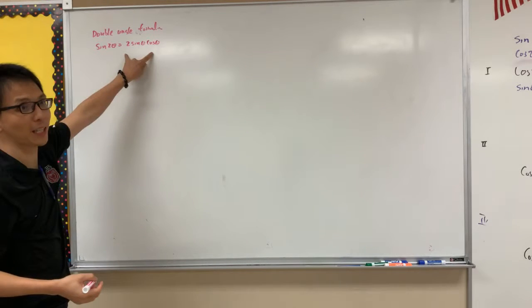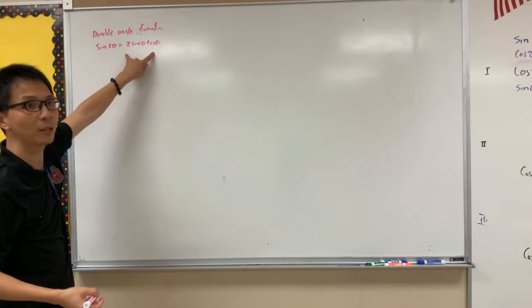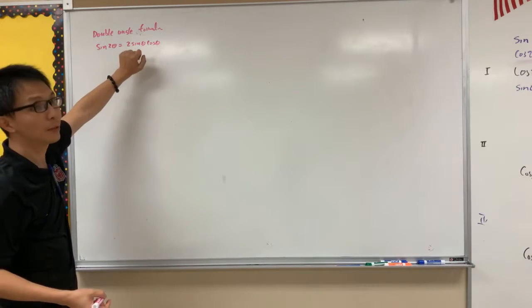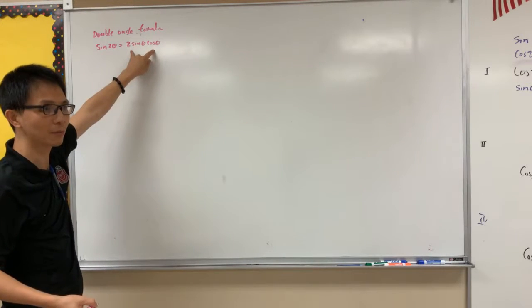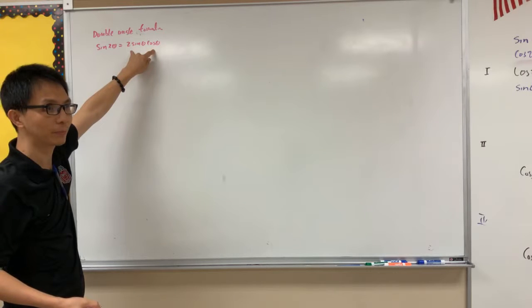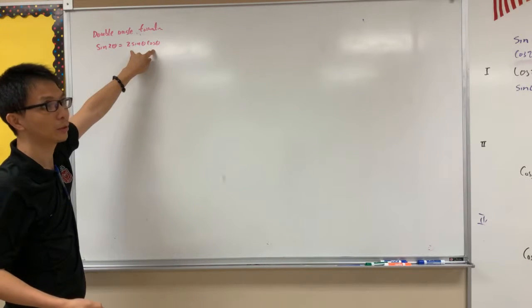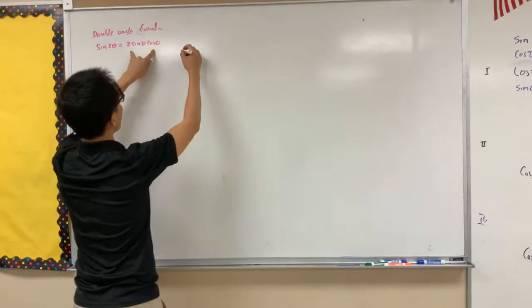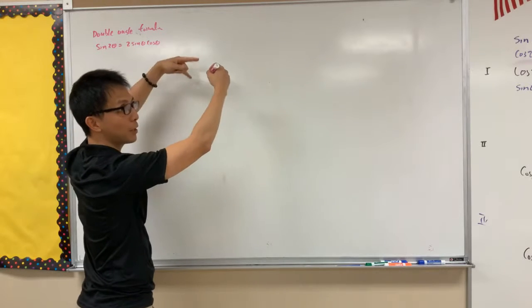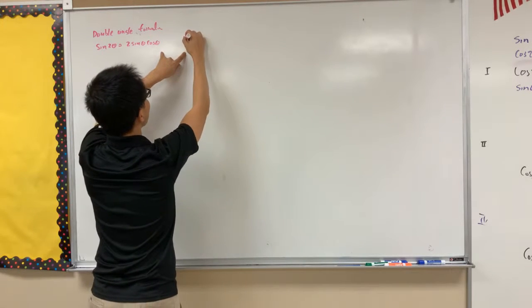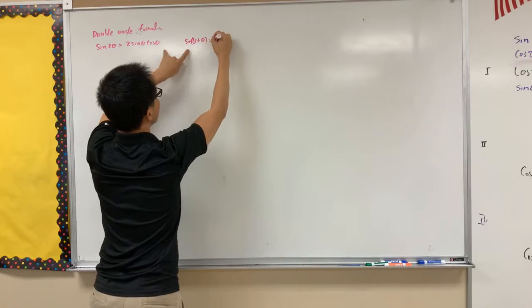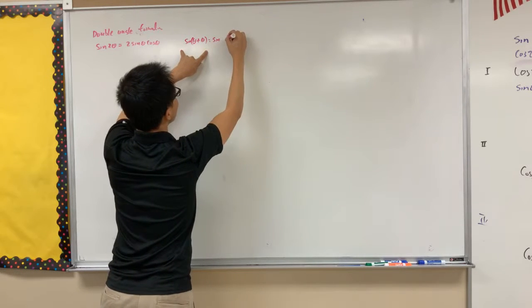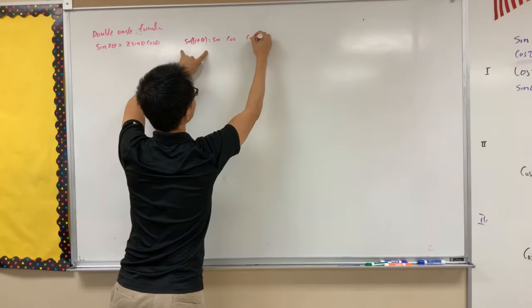So it's not memorization. It's to understand what is going on. So this one is 2 sine theta cosine theta. How do I come up with this? It comes from sum and difference. Think about it. If we have sine of theta plus theta, then it's going to be sine cosine, cosine sine, right?